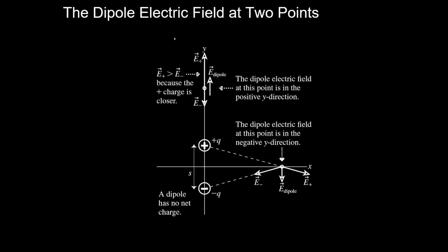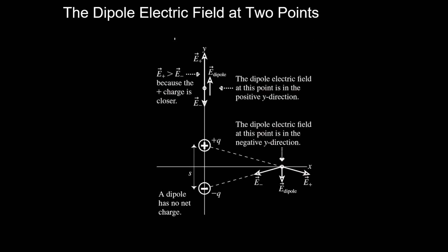When it comes to calculating the electric field of the dipole, you can only really do it in a few cases. There's a general formula, but it's a lot harder to derive. This little picture describes how you would find the direction of the electric field in two specific spots of an electric dipole.